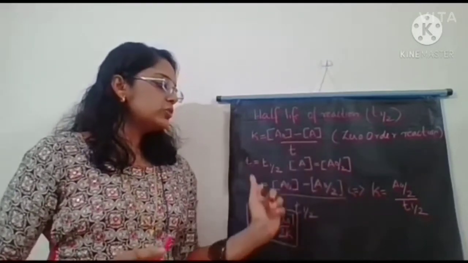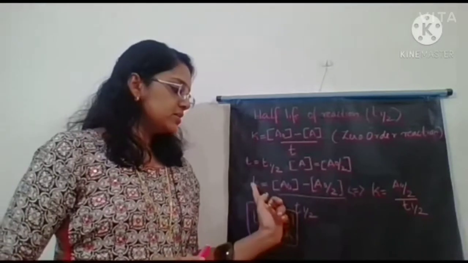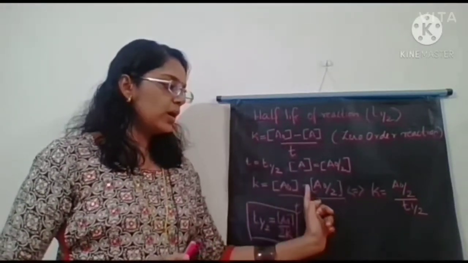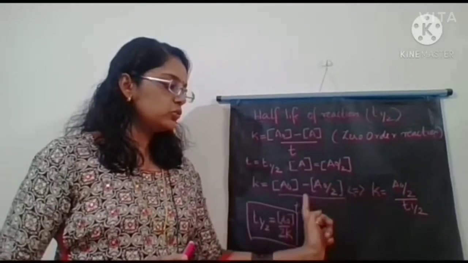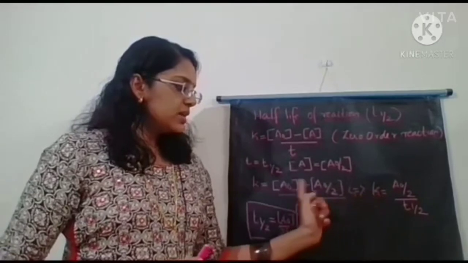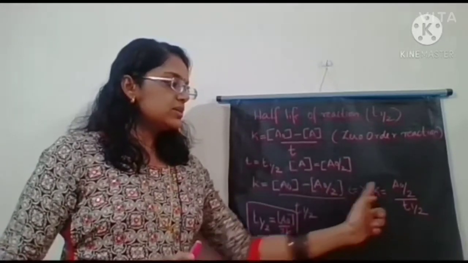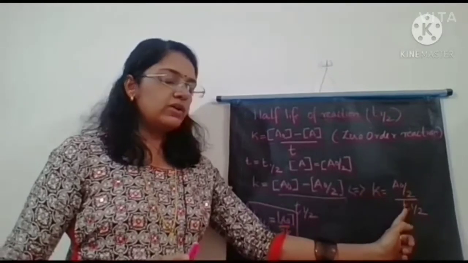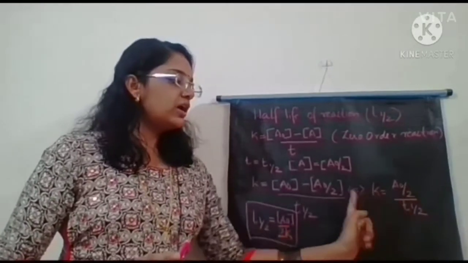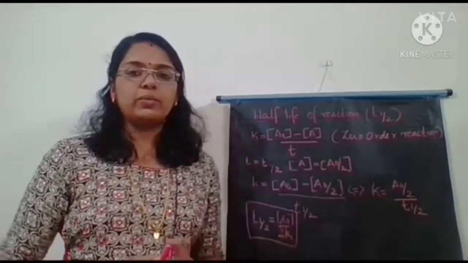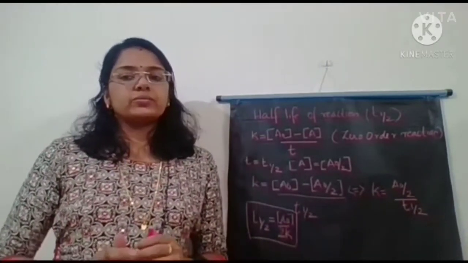On substituting in this equation, we get k is equal to concentration of A0 minus concentration of A0 by 2 divided by t half. A0 minus A0 by 2 is A0 by 2. So k is equal to A0 by 2 divided by t half. So t half for a zero order reaction is equal to A0 divided by 2k.